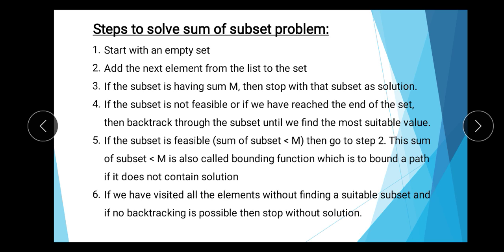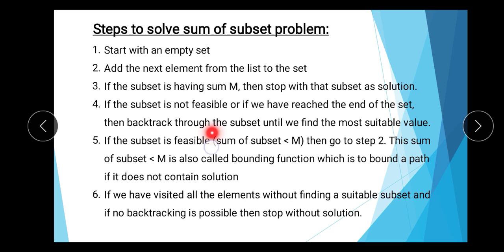If the subset is feasible, that means the sum of the elements in that subset is less than or equal to m, then we again go to step 2 to form another subset with the remaining elements. This condition, that the sum of the subset should be less than m, is called a bounding function.